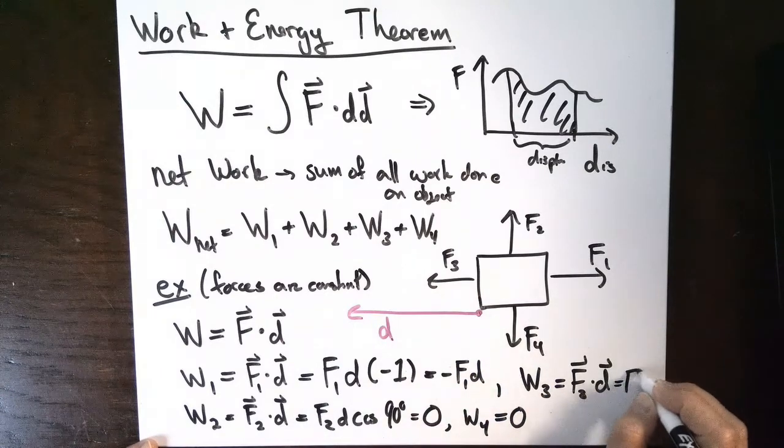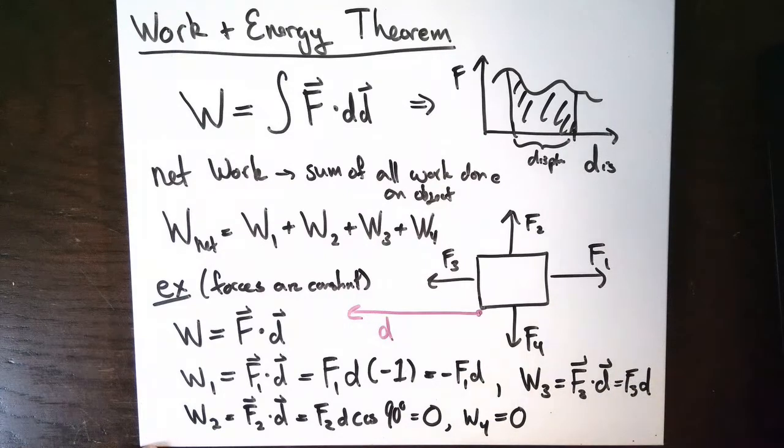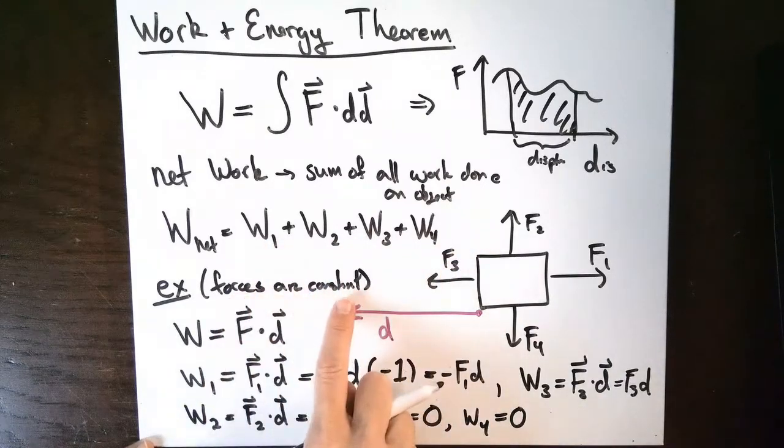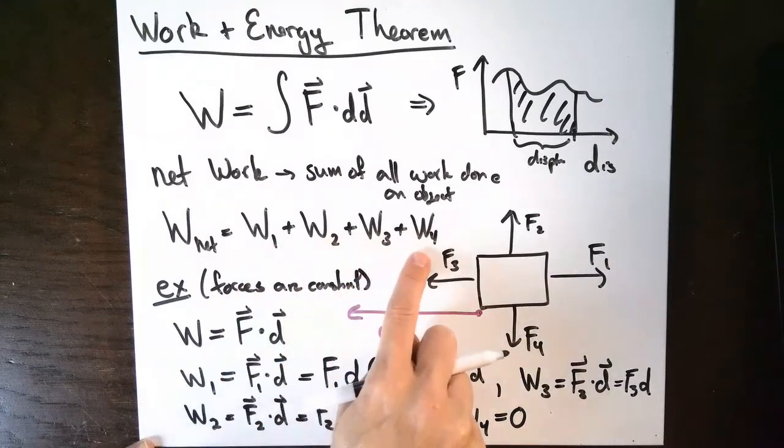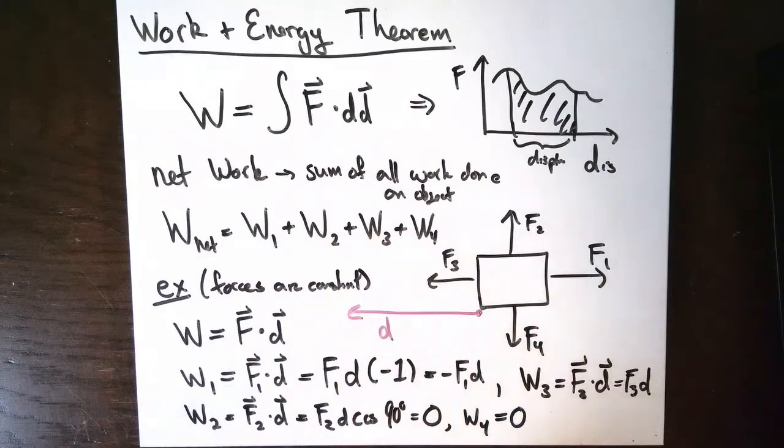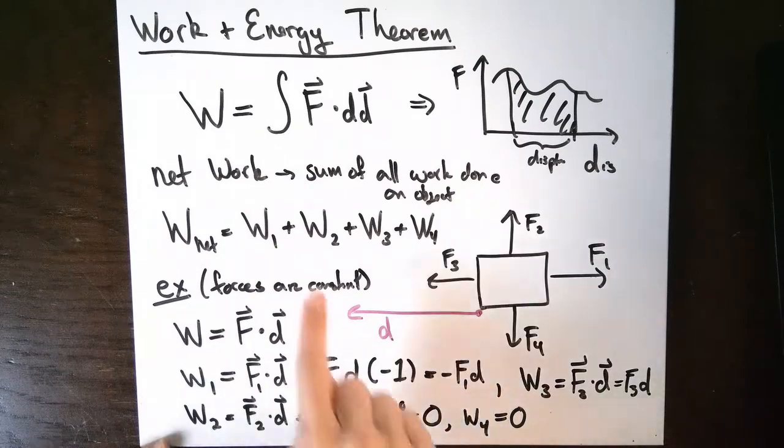So this is just going to be the magnitude of force 3 times the displacement. So if we want to know the net work for this particular example, where we said all the forces are constant and this is the displacement, well, now we can write in specific values, or at least equations for these guys. So the work done by force 1 is negative the magnitude of force 1 times the displacement.